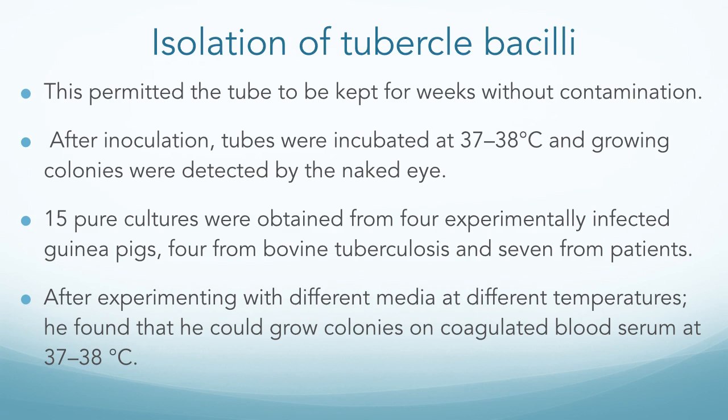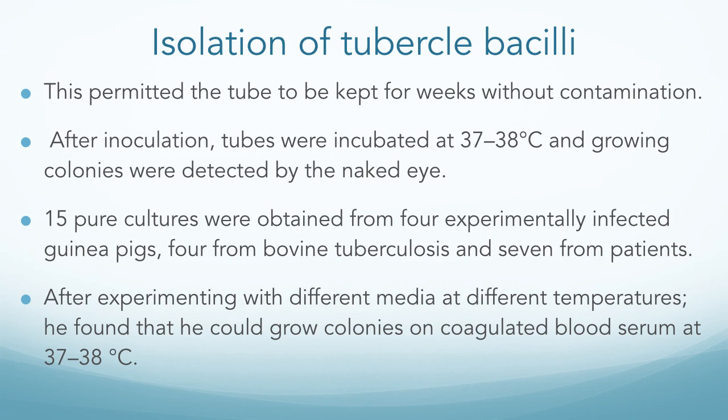After inoculation, the tubes were incubated at 37 to 38 degrees Celsius and growing colonies were detected by the naked eye. A total of 15 pure cultures were obtained from 4 experimentally infected guinea pigs, 4 from bovine tuberculosis, and 7 from patients.